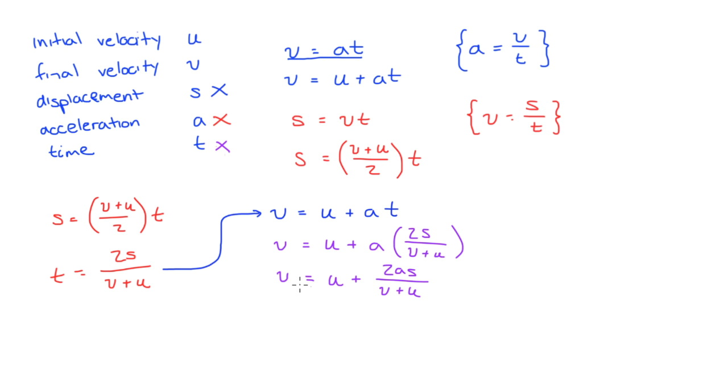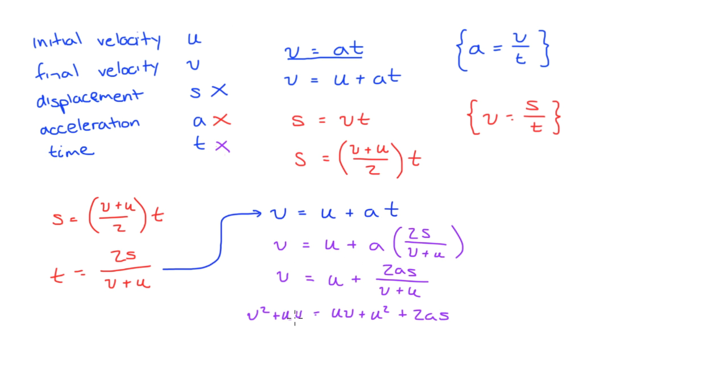Now we've got two v's and two u's in there, so we're going to want to get rid of those. To do that, we're going to multiply all the terms by v plus u first of all. So that will make this v squared plus uv, and multiply this by v plus u, which gives you uv plus u squared, and then this multiplied by v plus u is just 2as.